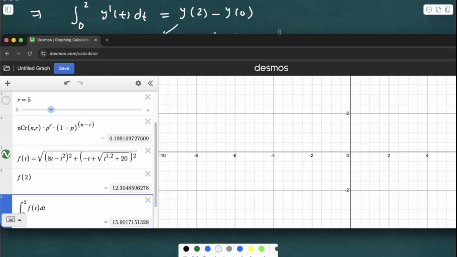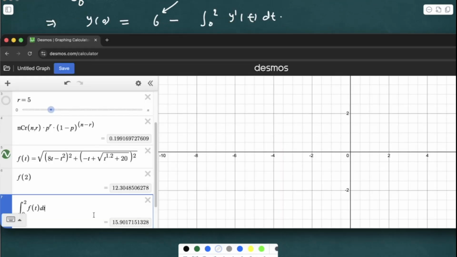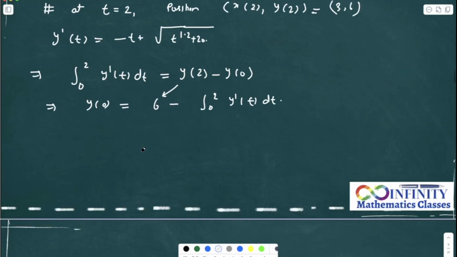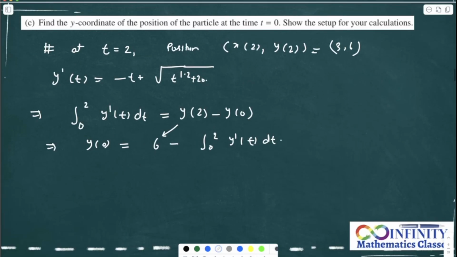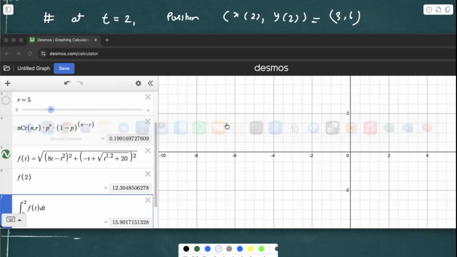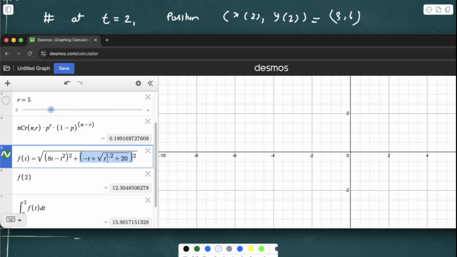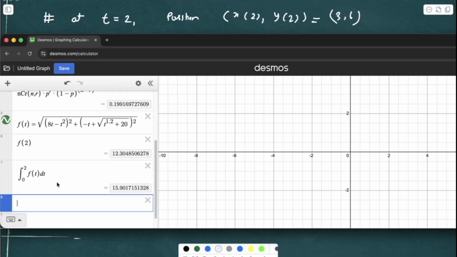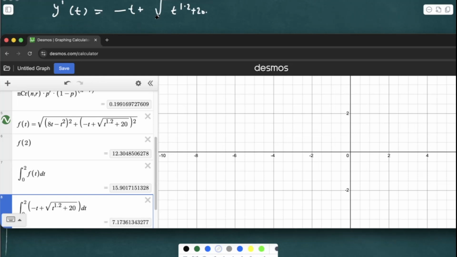Sorry, can I see your work again, please? Yeah. Can we use the calculator to get the value of this expression? Sure. I'm going to integrate from 0 to 2 this expression dt, and give me a second.